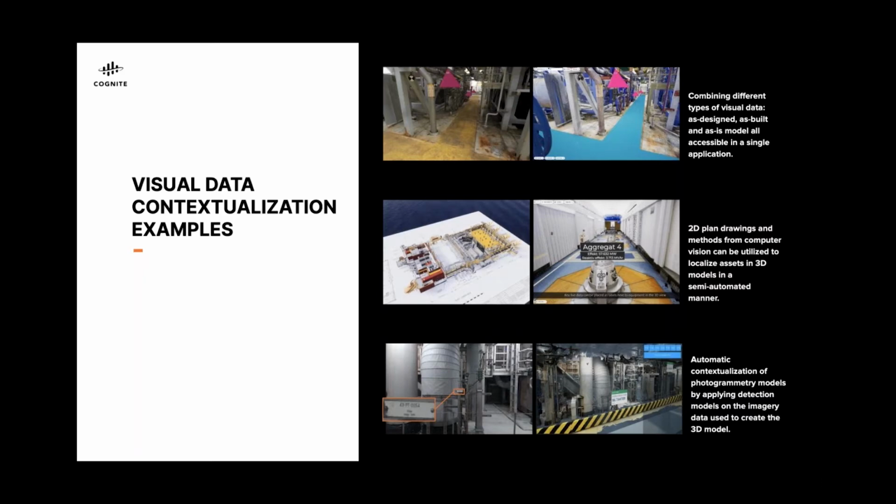Thereby we can move from the realm of ingesting data from different source systems to actually generating the contextualized digital representation directly by observing the actual industrial reality, if we want to.